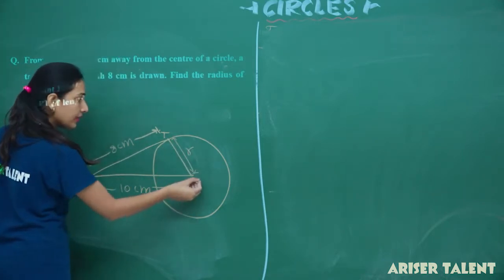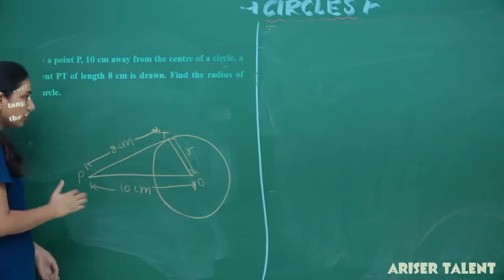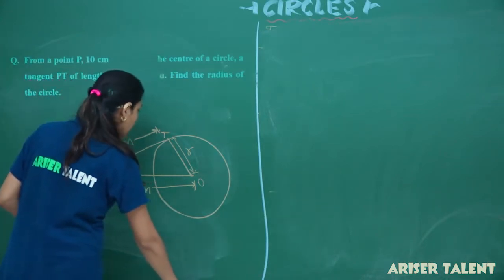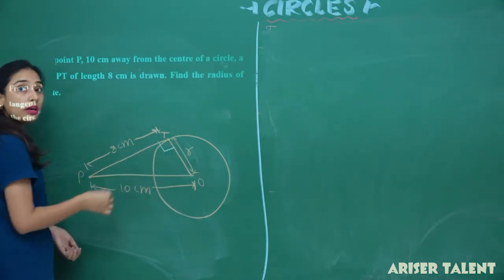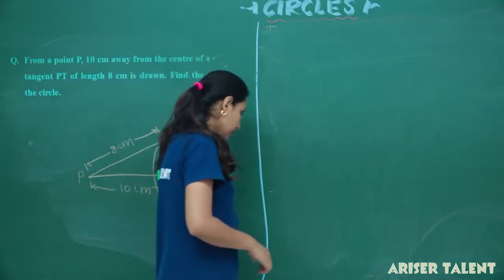R. Okay, so let's suppose this is O. Now you can know that this is a right angle triangle because this is your radius and this is your tangent, students. So here is the solution part.